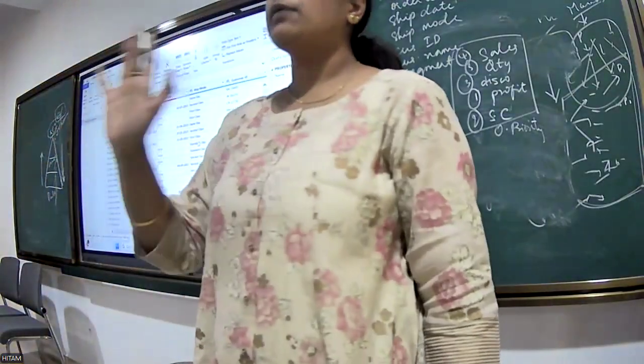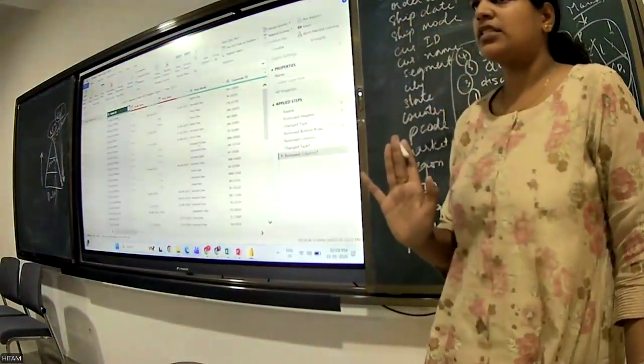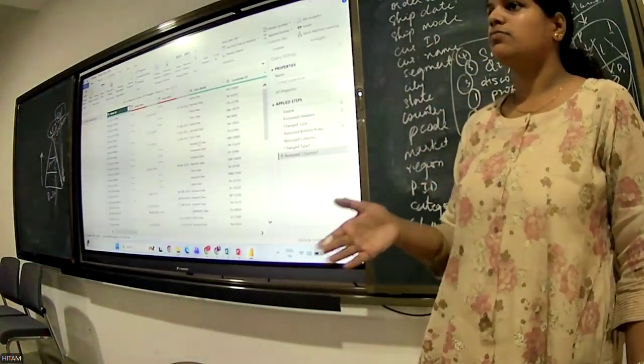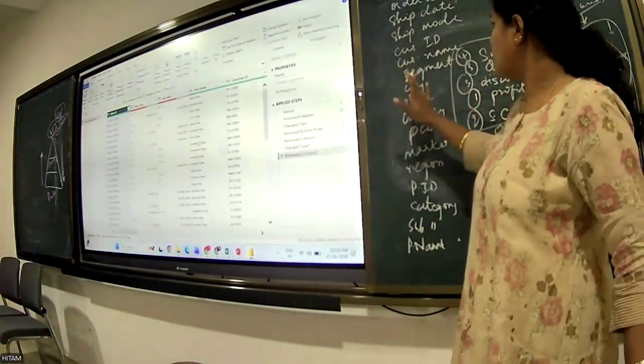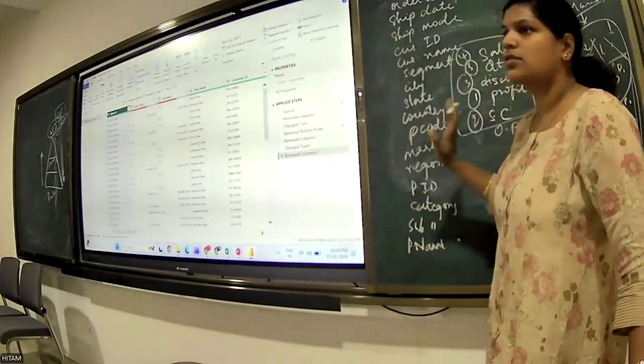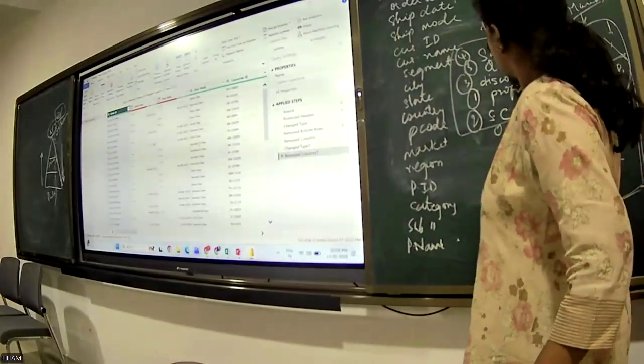How many types of dimension tables can we draw from this data? Just guess. I'm not asking you to answer correctly. Just guess. How many types or what kinds of dimension tables can we draw from this? Yes. This is a fact table.